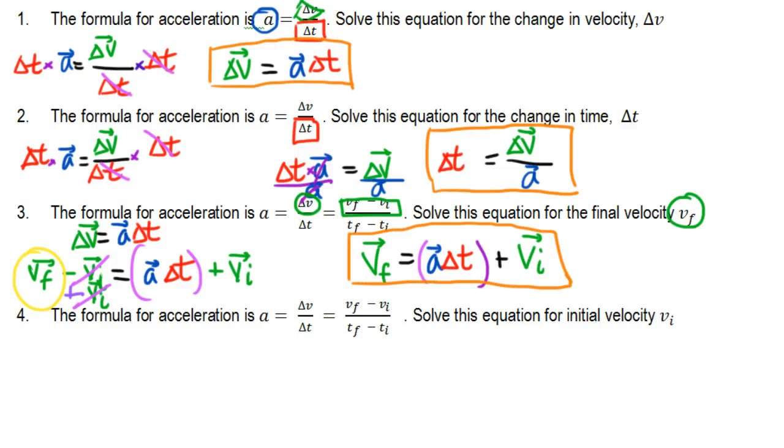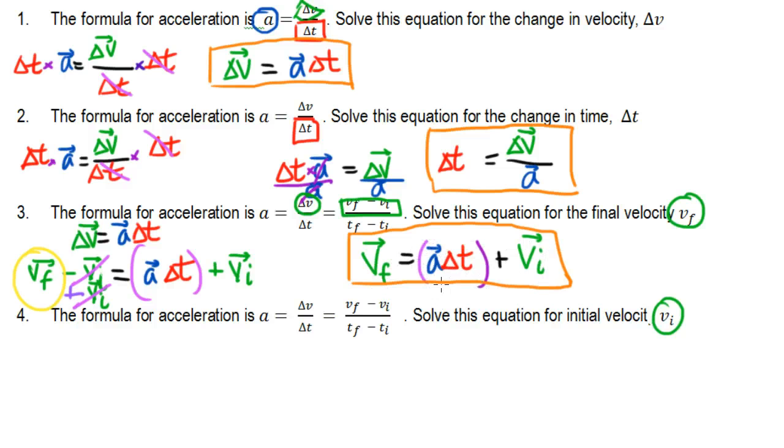All right. Okay, so the last equation we have to solve is problem number 4, and we're going to be solving for V sub I. Now, one thing you want to remember is that I'm actually going to take this previous equation, V sub F equals the quantity A times delta T plus V sub I, and I'm going to flip it around.